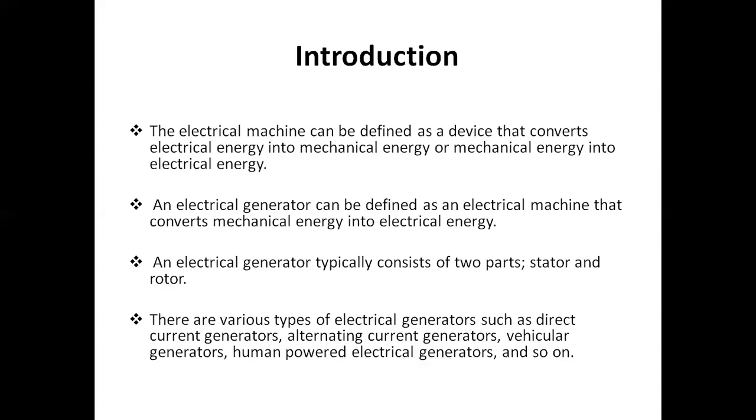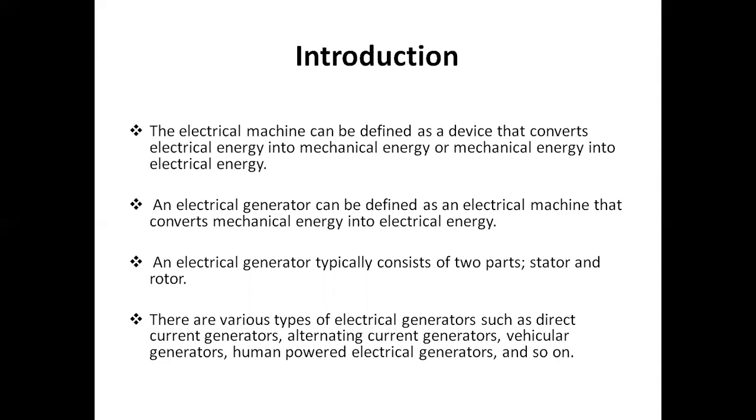So, introduction. An electrical machine can be defined as a device that converts electrical energy into mechanical energy or mechanical energy into electrical energy. An electrical generator can be defined as an electrical machine that converts mechanical energy into electrical energy.